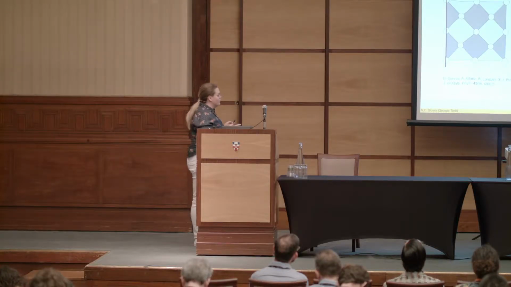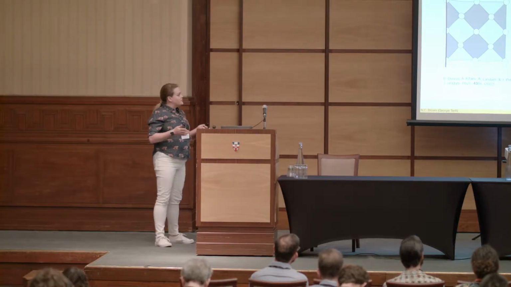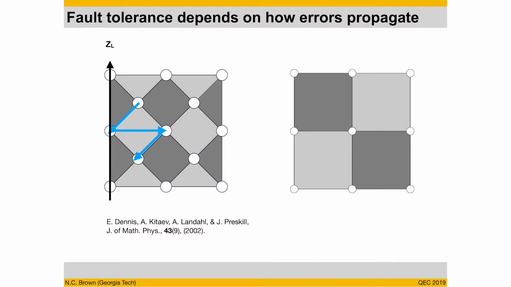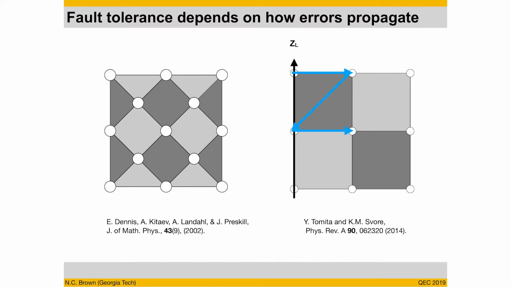If we look at an unrotated surface code, we know that we can measure our syndromes this way, or we can measure them this way. And either way, we're immune to these really bad fault patterns. However, if we look at a more qubit-efficient surface code, we know we have to measure our syndromes this way. If we try to measure them this way, we're going to leave ourselves very vulnerable to these dangerous fault patterns.